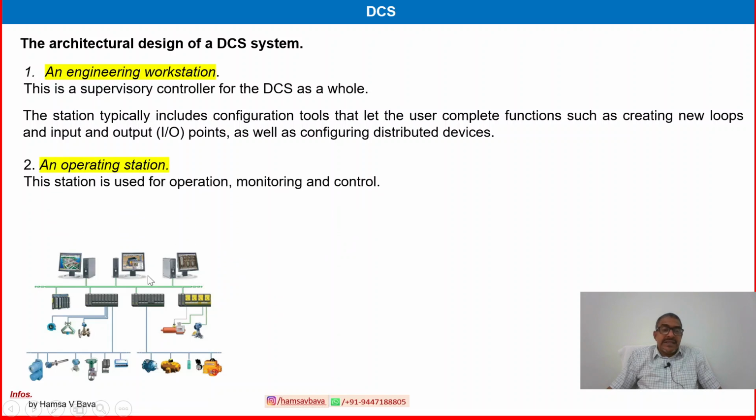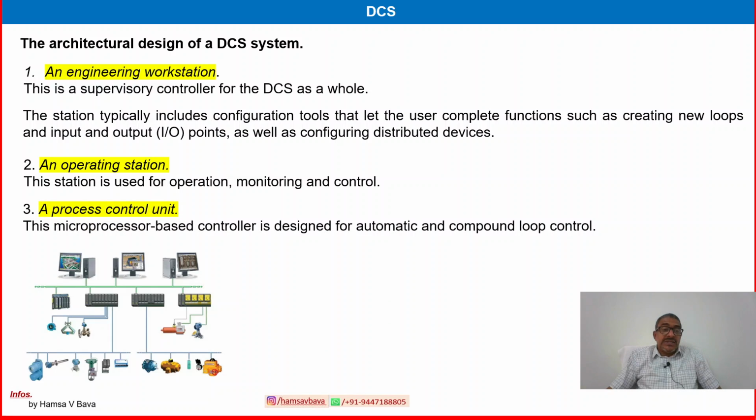An operating station, mainly in the top area, human machine interface, HMI. This station is used for operation, monitoring and control. That is the operating station where the panel operator is sitting, commonly called the central control room or central control facility. A process control unit, this microprocessor based controller is designed for automatic and compound loop control.